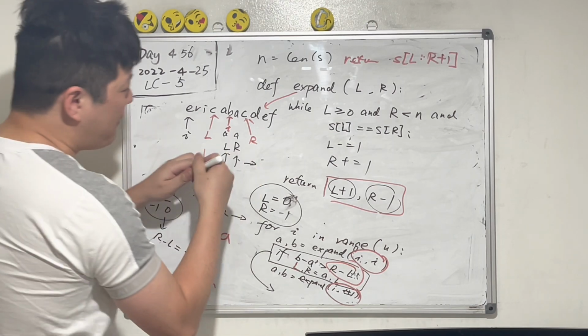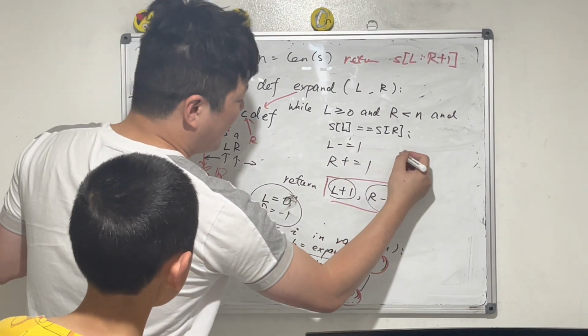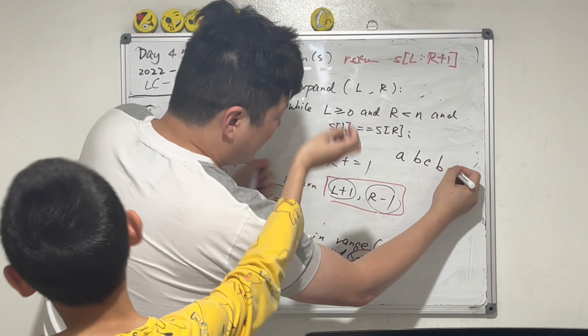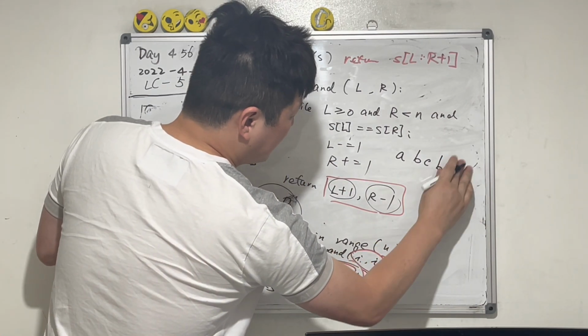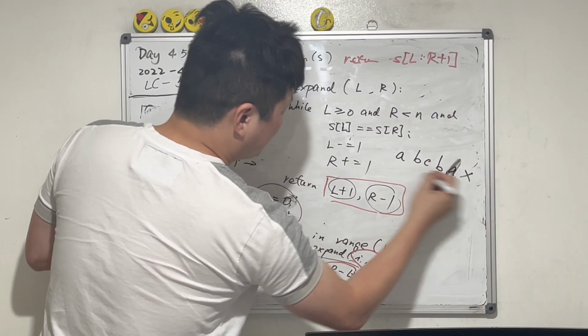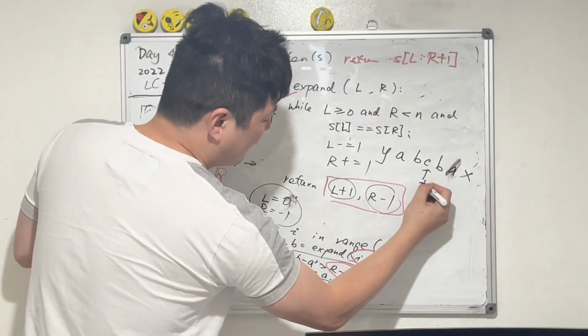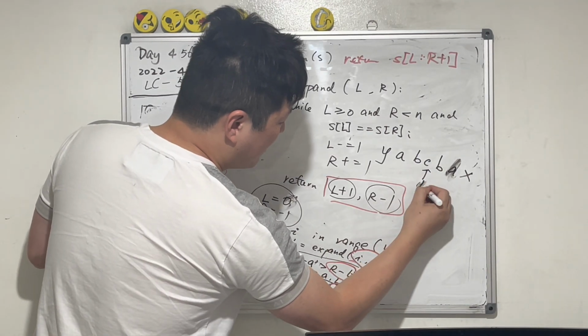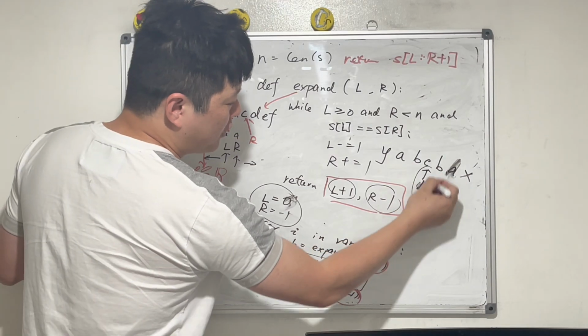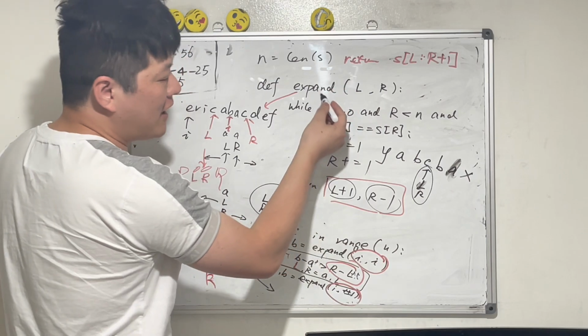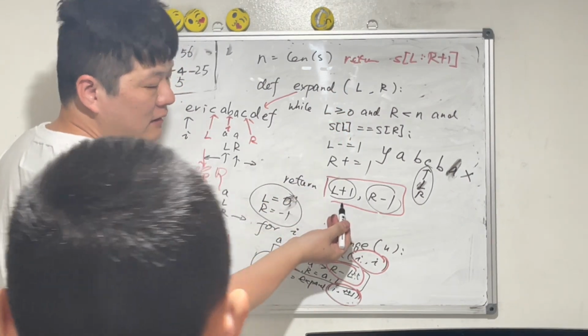Okay, look, I write this string: A, B, C, B, D, C, B, A, X, Y. If i is here, expand points them to the middle, A, B, C, B, A. So after the expand, what does it return?